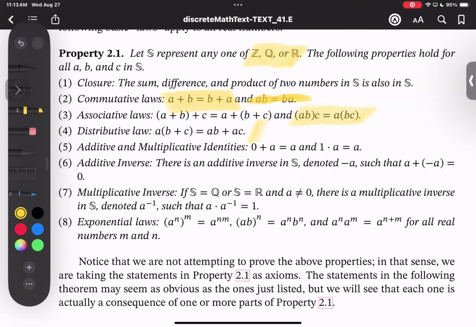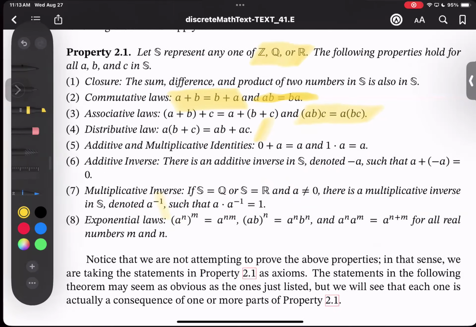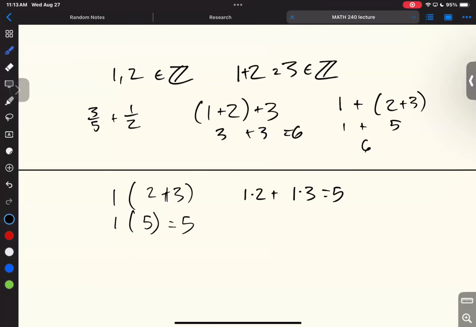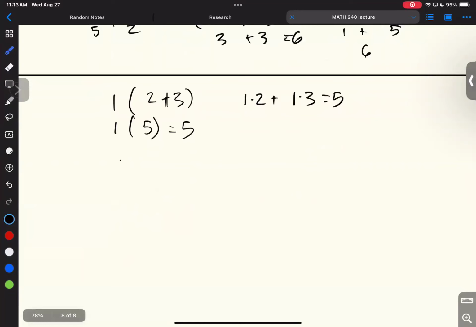And there is a multiplicative inverse for the rationals and the reals, as long as a is not 0. We denote that multiplicative inverse as a to the -1. From algebra, we know that the inverse of 3 is 1/3.